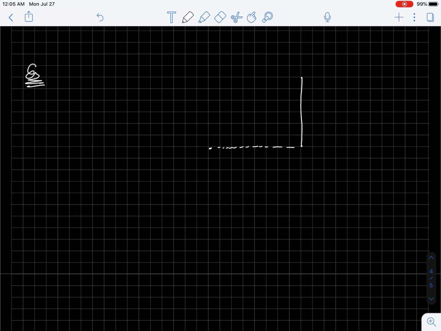The angle of elevation from this point to the tree is 60 degrees, and if you go back from this point in the backward direction by some distance x, let's say 18 meters, you find that this angle is 30 degrees.